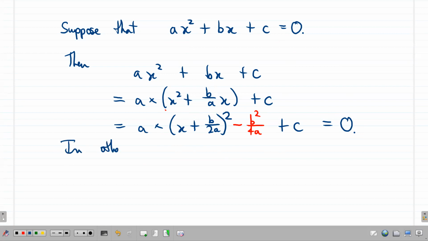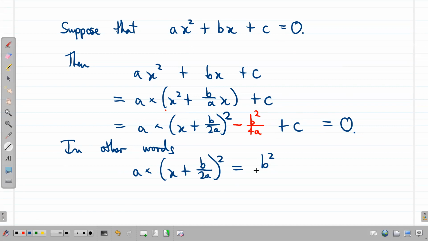So in other words, if I take this constant term to the right-hand side, what I'll end up with is a times (x plus b over 2a) all squared on the left-hand side equals, on the right-hand side, well, let's see, it'll be b squared over 4a and then subtract c, but I can write c as 4ac divided by 4a. So I'm just manipulating this expression to put it into a nicer form.